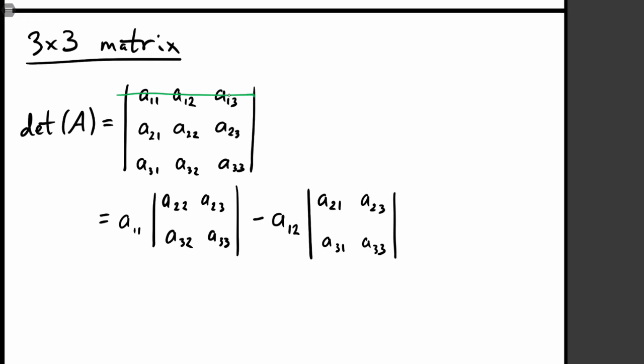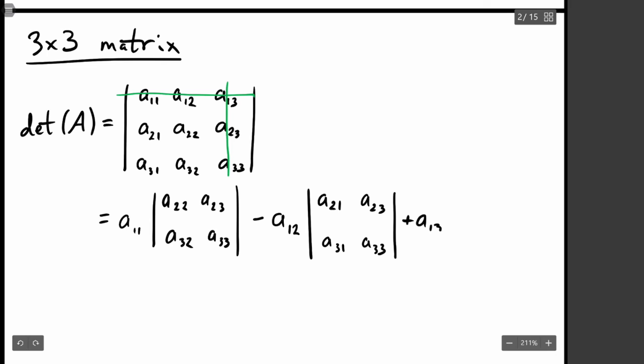So we keep our first row crossed out, and then we cross out our third column. Now it went plus, minus, and now it's plus again. So we're going to add A13. I forgot the plus sign.